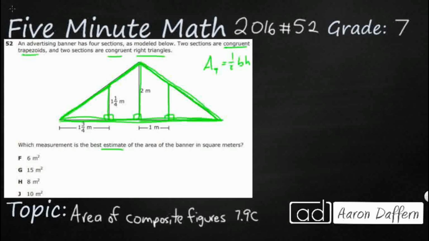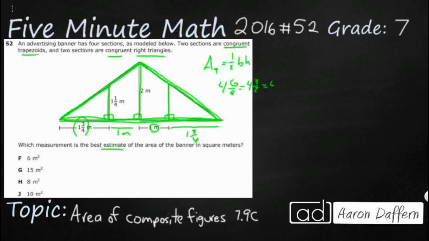Well, let's see. I know that this is 1 3/4, which means this right here has got to be 1 3/4. This is 1 meter, so that means this right here has got to be 1 meter. So let's just add that up. My whole numbers, I've got 1, 2, 3, 4, and I've got 3/4 and 3/4, that's 6/4. So that's 4 and 3/2, right?